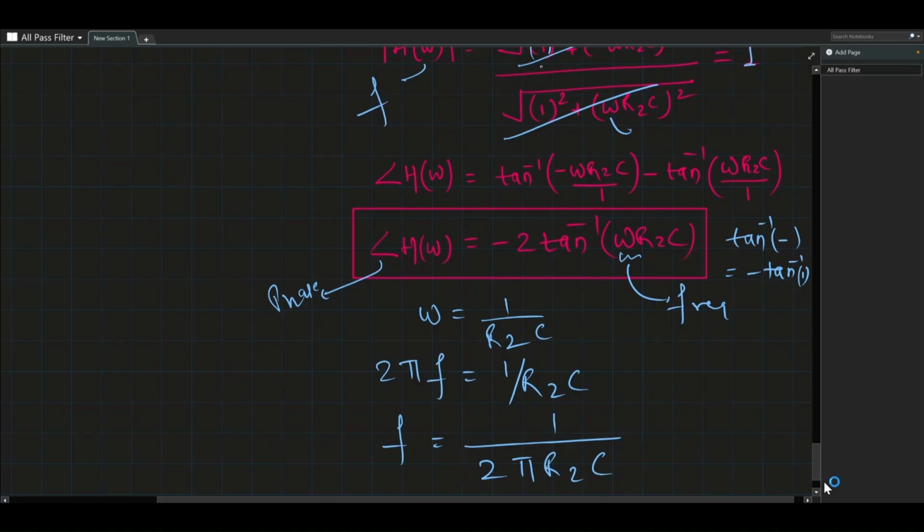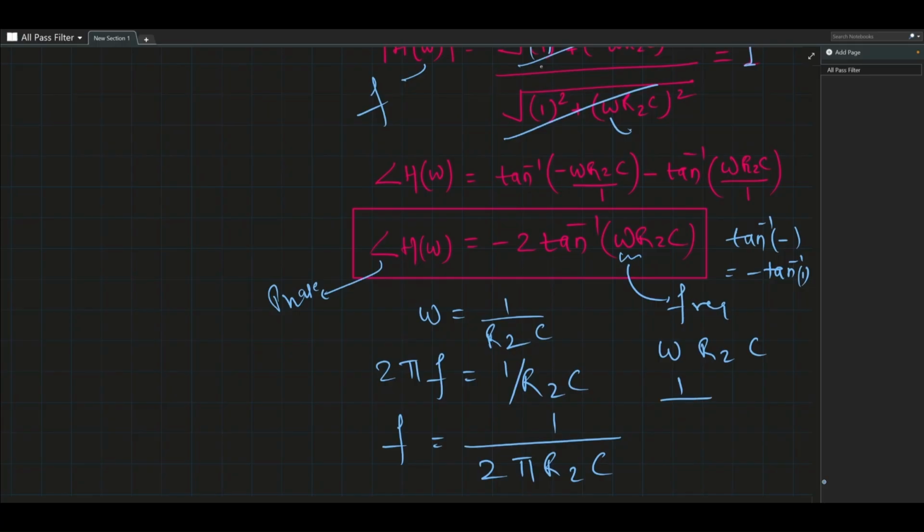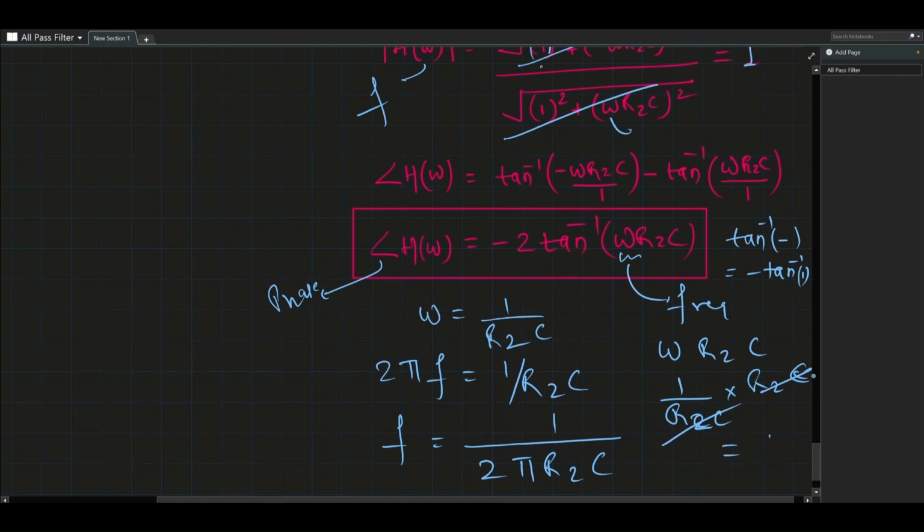When that happens, this whole expression becomes this. Omega R2C is nothing but 1 by R2C into R2C. This cancels out. So now this whole expression becomes 1.